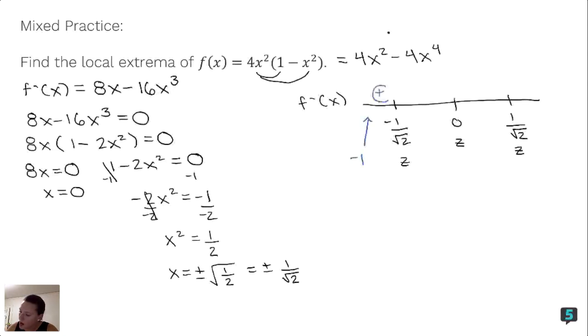Good. All right, now, what number should I pick that's between negative 1 over the square root of 2 and 0?